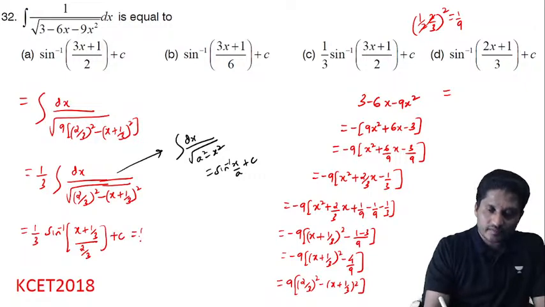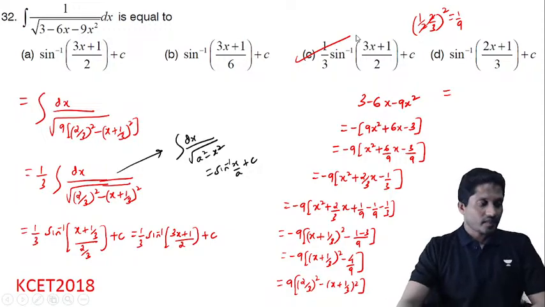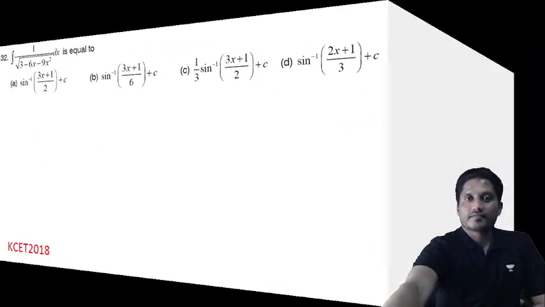Taking LCM 3, we get 1 upon 3 sine inverse of (3x plus 1) divided by 2, plus c. Answer is option. Let's move to the next question.